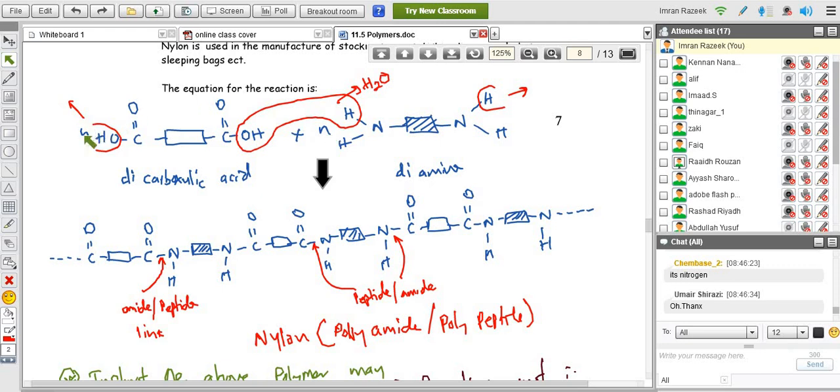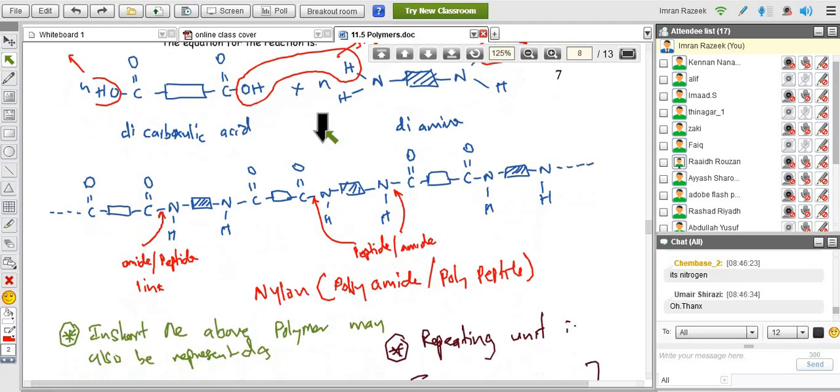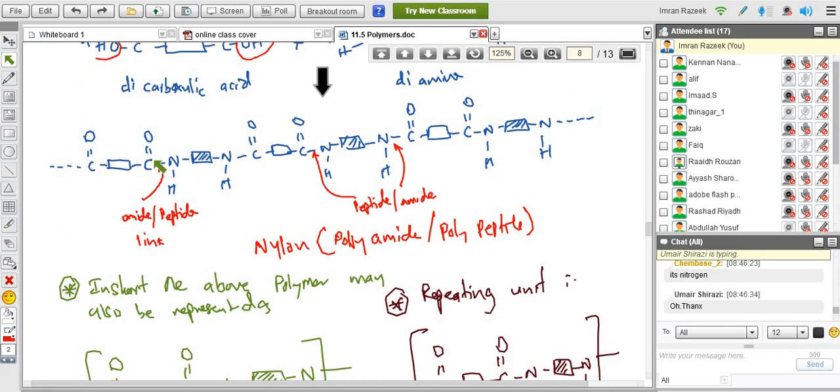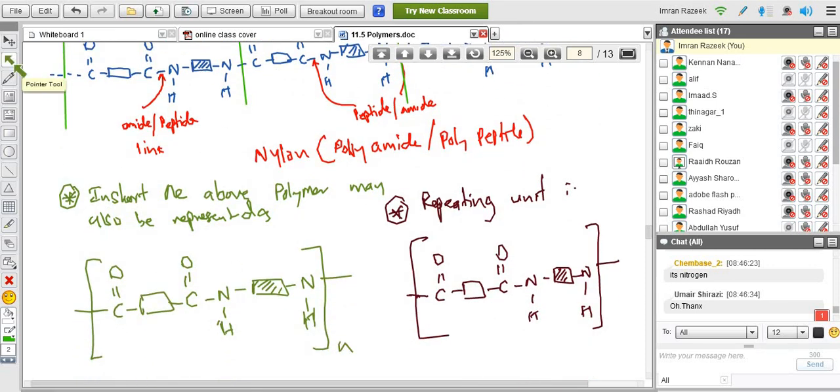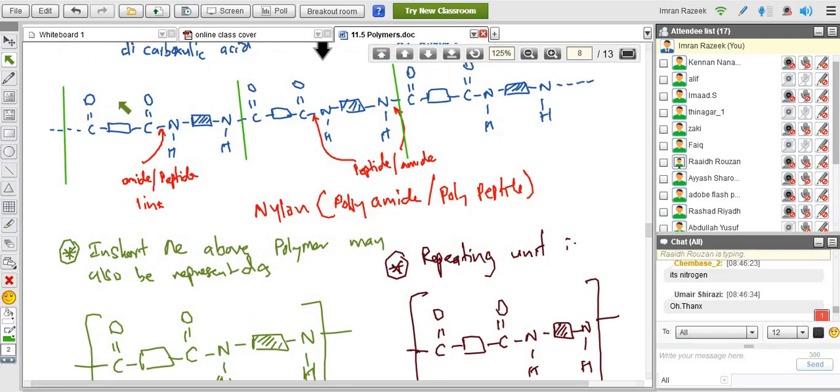So many dicarboxylic and many diamine give you nylon. So this is the whole structure. The polymer is nylon, and I will mark the repeating units here. This is one dicarboxylic, one diamine, one dicarboxylic, one diamine. There are 3 repeating units marked in this polymer. So I'm going to take one repeating unit out, which is each of the monomers, and then you put N, and you get the polymer. Is that clear?